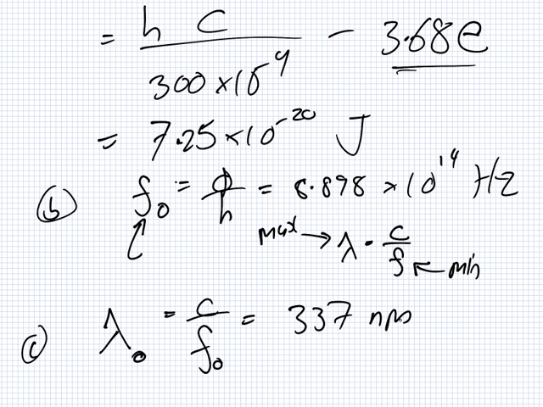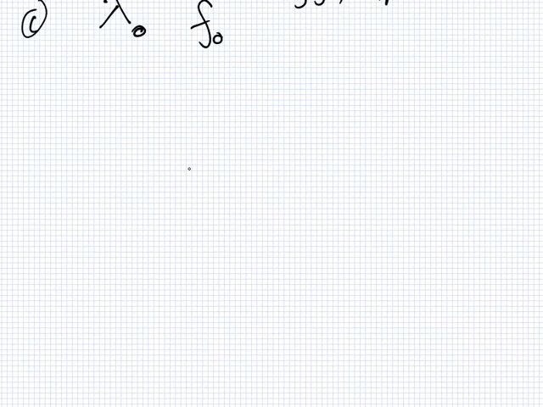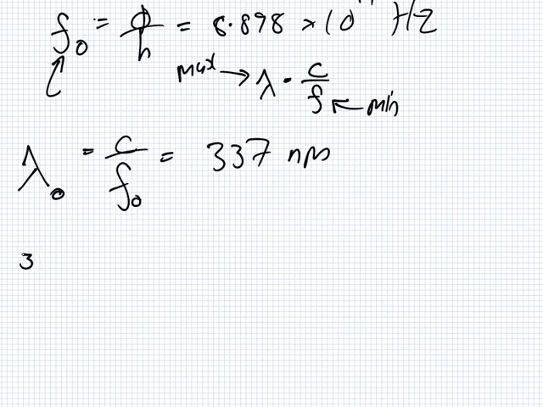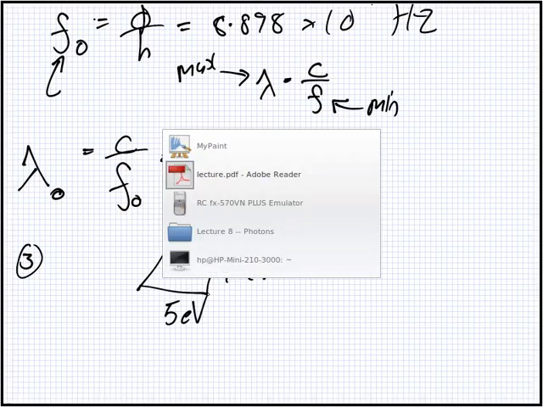Now, the reason I was sneaky there is because they were sneaky one year in the same way. Okay? Number 3. A 10 centimeter by 10 centimeter photocell is made of copper with a work function of 5 electron volts.